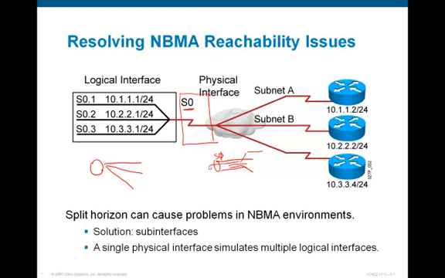Routes that come in on one interface cannot go out the same physical interface. But wait, I'm going out through a different circuit. Unfortunately, we don't care about which circuit you come in from. We care about which interface you came in from. So if you came in from the S0 interface, you can't advertise out of the S0 interface, to avoid routing loop issues.